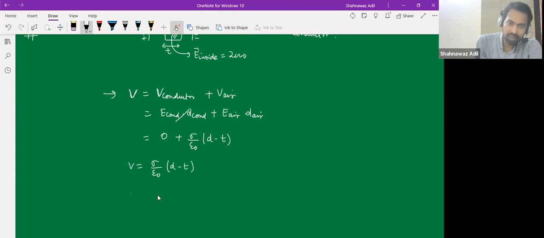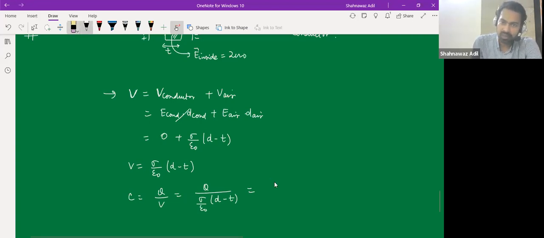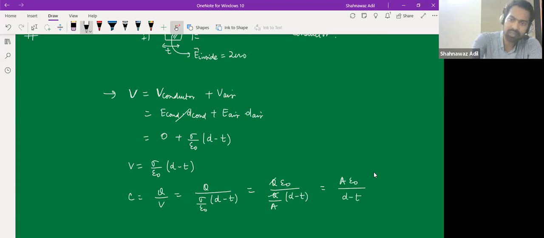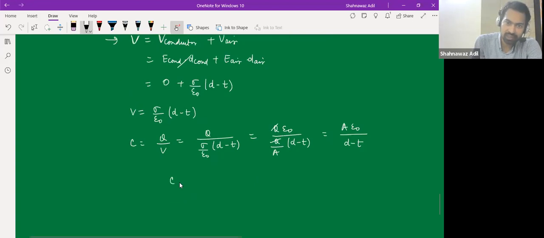Then capacitance is Q by V, so Q divided by sigma by epsilon naught (d minus t). Epsilon naught goes in the numerator, and sigma is Q by A. Then Q cancels, and we have A epsilon naught divided by (d minus t). So this is the capacitance of a partially filled parallel plate capacitor with the conductor.